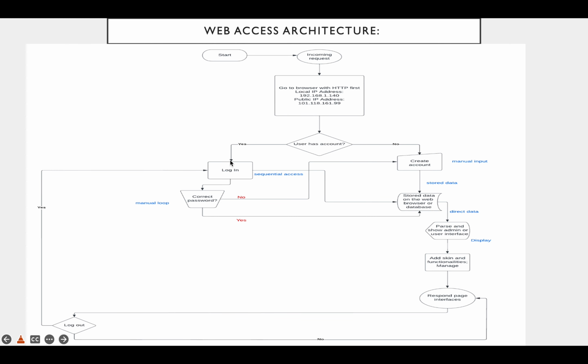If yes, we go to login, and here we store the data on the web browser and database. If no, the user doesn't have an account, you need to ask to create an account, which is manual input. If the user has an account, they log in, and then it will check whether it's the correct password.